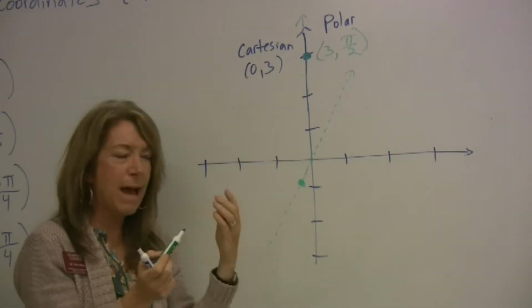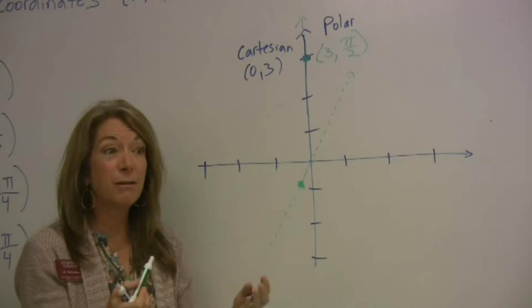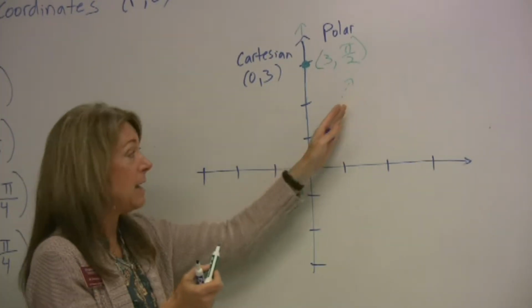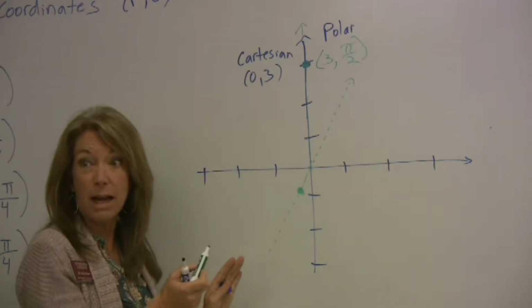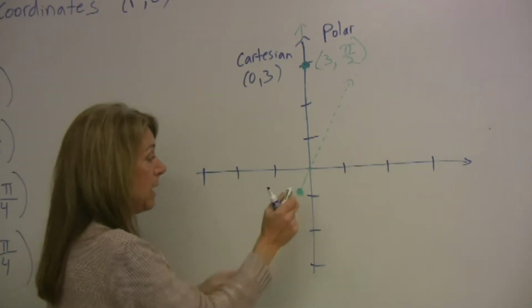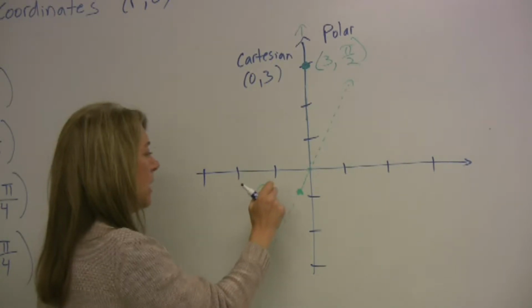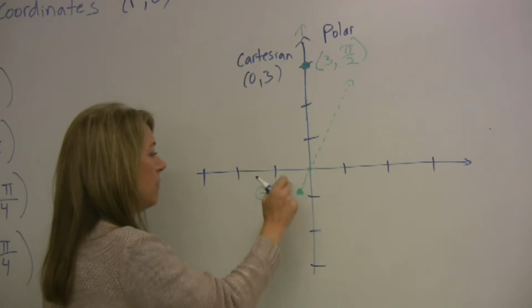The forward and backwards is really weird for people. Positive is in the direction of your angle, and negative is if you're stepping back away from that angle. So this point right here, which got really weird, is negative 1, pi over 3.